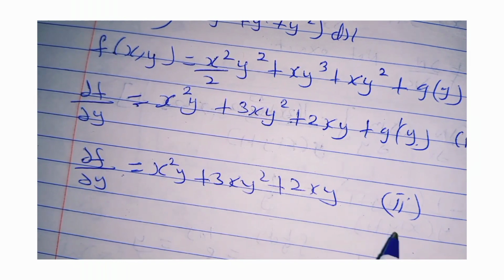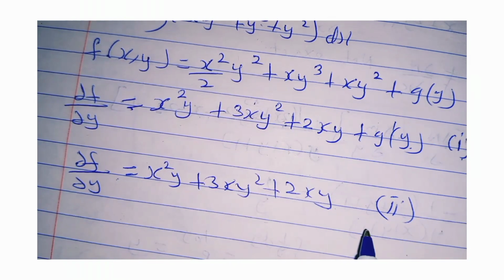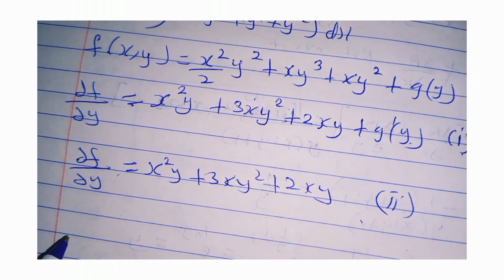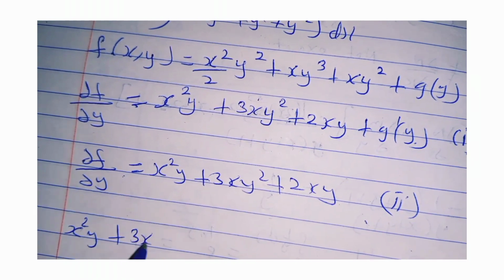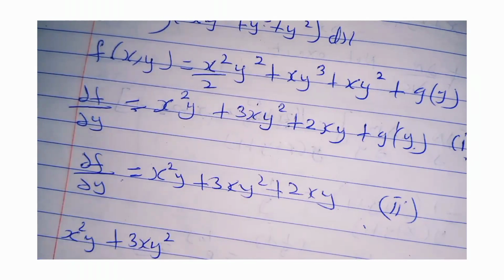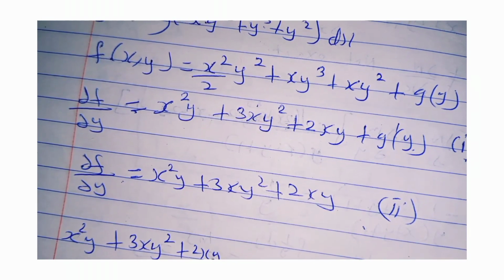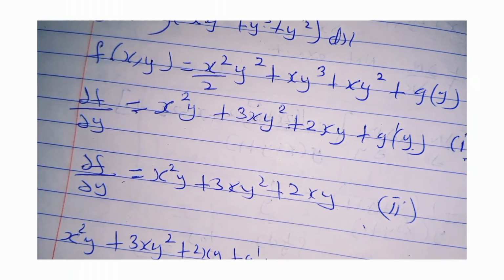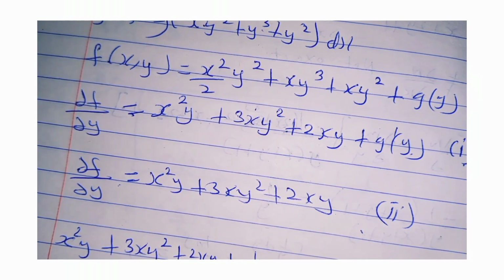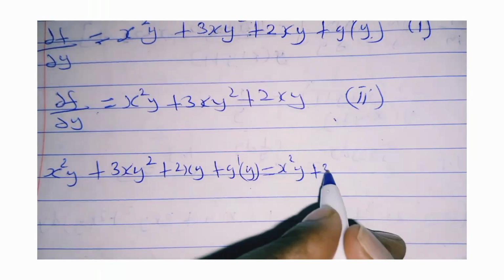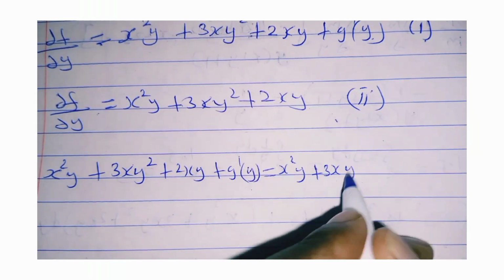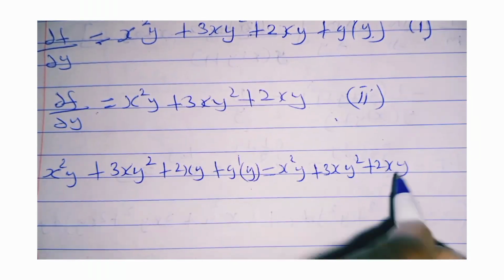Equating the right hand side of equations 1 and 2, we obtain x squared y plus 3xy squared plus 2xy plus g prime of y is equal to x squared y plus 3xy squared plus 2xy.